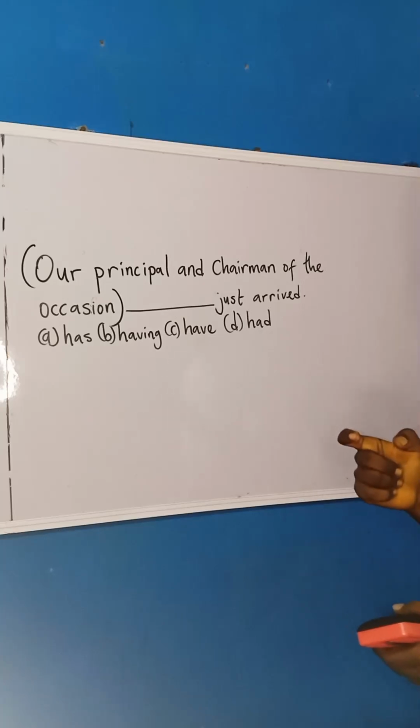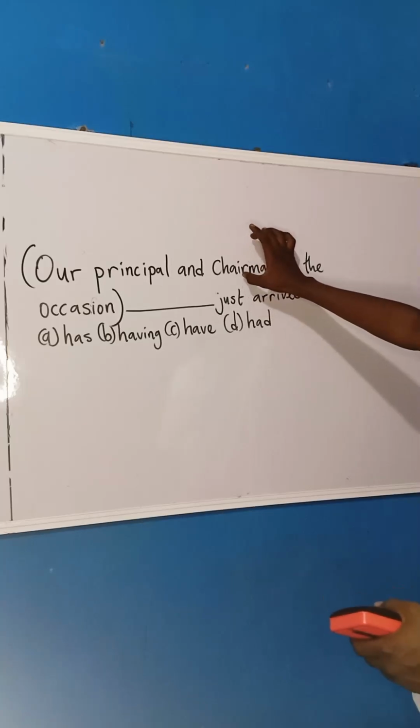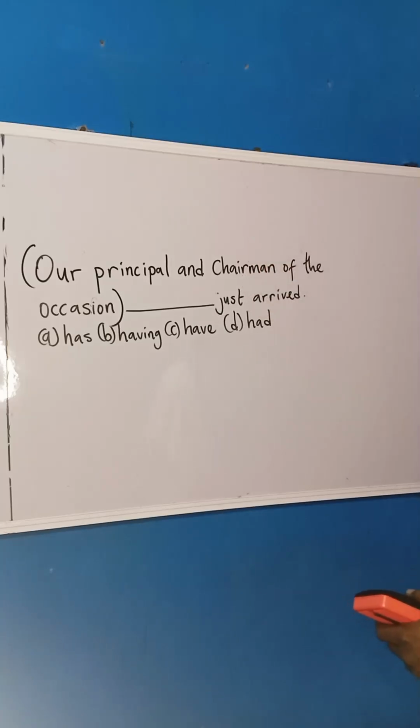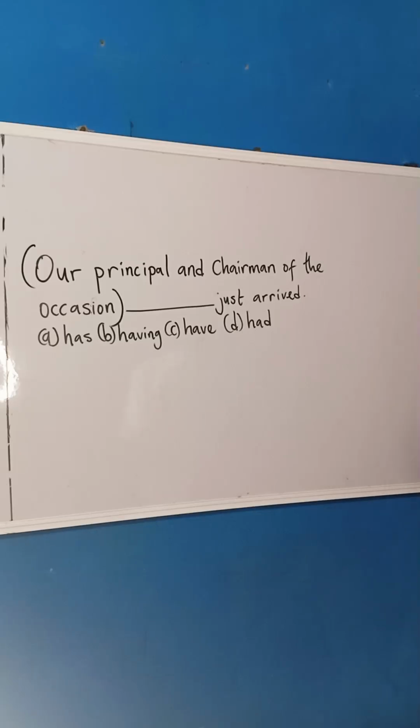The second question you will ask yourself: this subject, is it singular or plural? Of course, based on what you see, it is plural, principal and chairman. But based on the actual meaning of what you see, we have one subject.